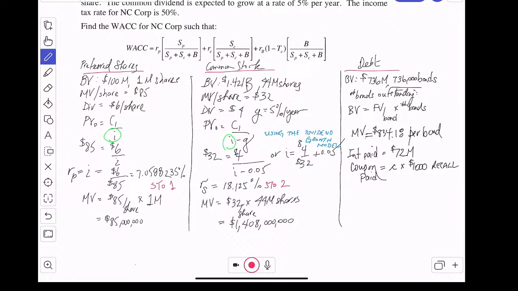So if I take the total of the coupons paid, as though they are the interest paid, and divide by the total book value of all the bonds, this should give me my coupon rate. So this is per bond, but this is overall. It should be consistent.